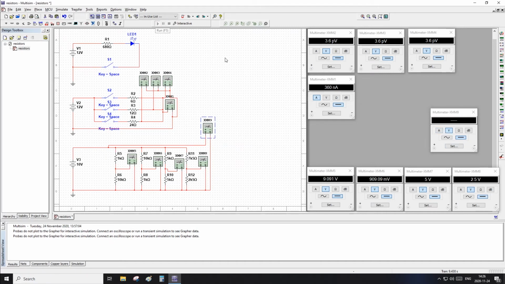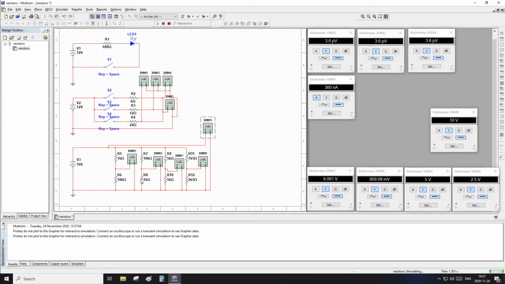If we start the simulation, you will see there's 10 volts over here, from here to here. But because there are 2 resistors over here, you can divide it by 2. So that's 10% and 90%. And that's correct, because this divider creates from 10 volts 9 volts on this point.